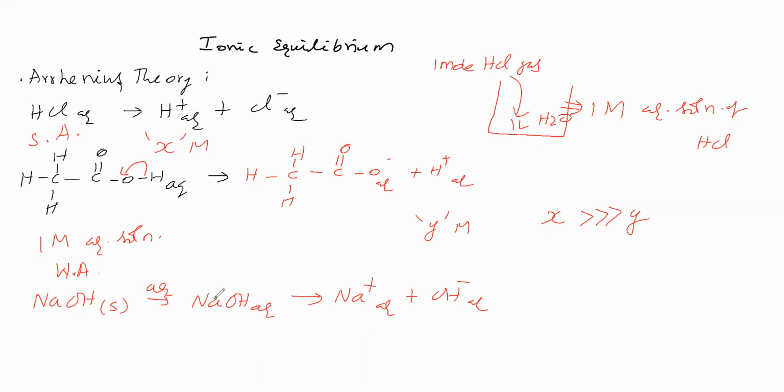Sodium gets detached from sodium hydroxide as Na plus and goes to aqueous solution. Remaining is OH minus aqueous. So sodium hydroxide dissolves in water and dissociates to give OH minus ion in water. Therefore sodium hydroxide is a base.